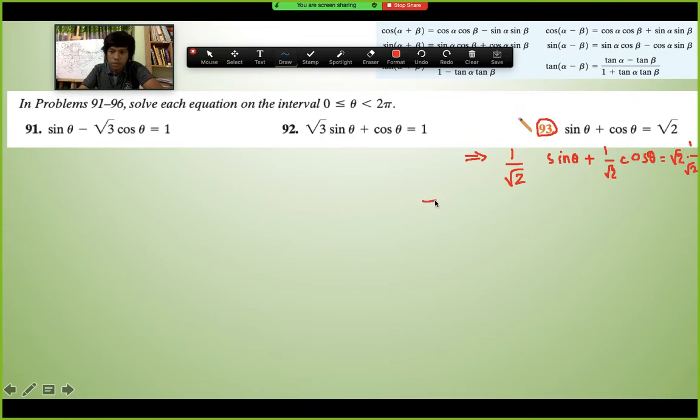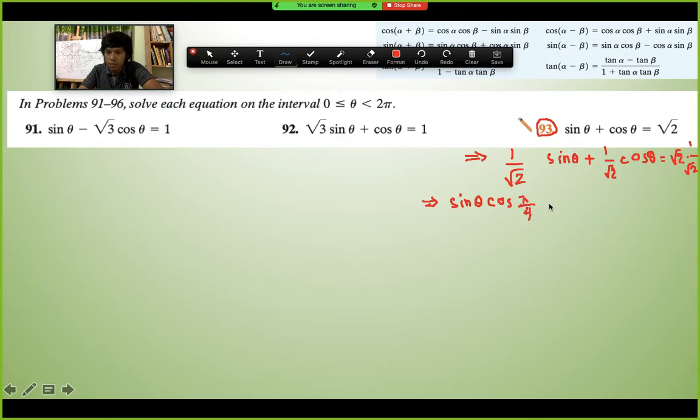Now we have here sine theta, and if we take cos here, this will be actually cos pi by 4, since this is 1 by root 2.